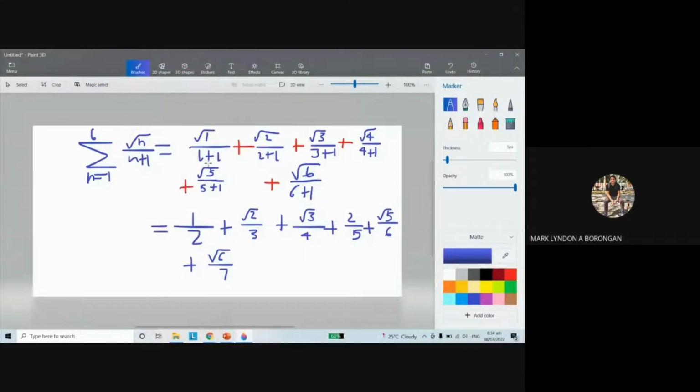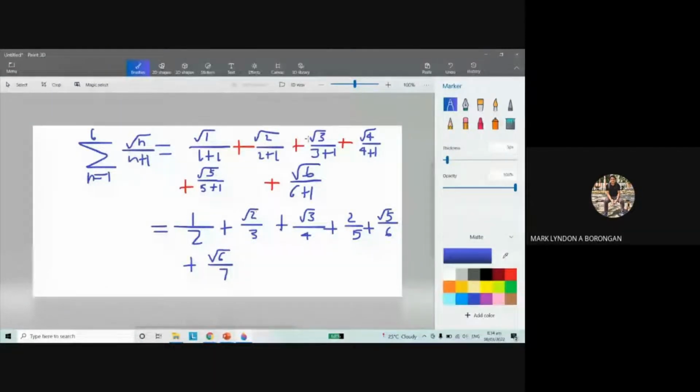Dayon after substituting the values for this one, you will just simplify. So if you simplify na lang nimo, i-take na to ning first nga term. So the square root of 1 is just 1, di ba? And then 1 plus 1, so 2. Kani square root of 2 over 2 plus 1, that will be square root of 2 over 3.